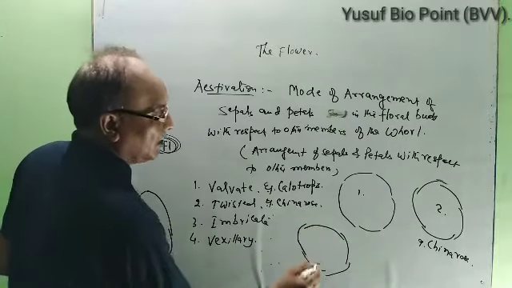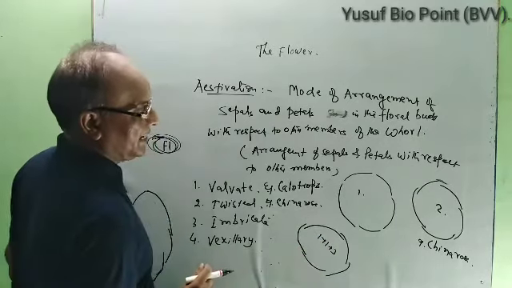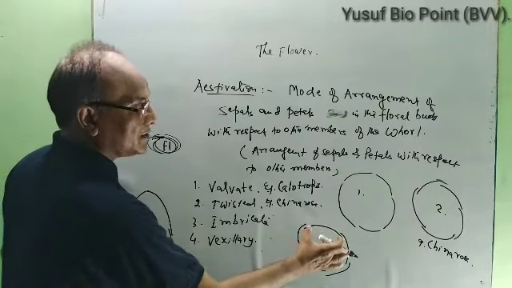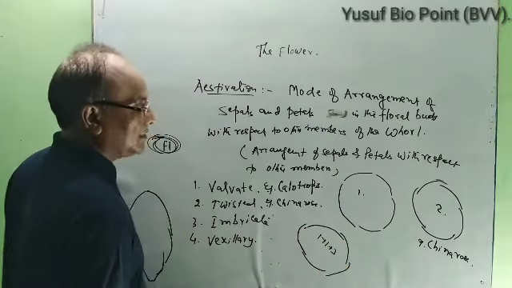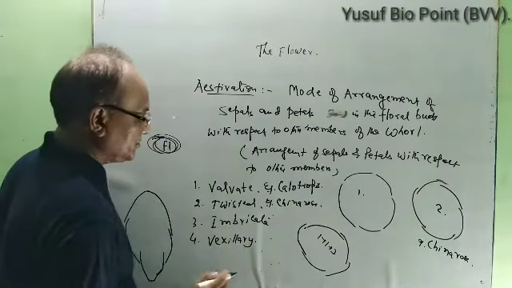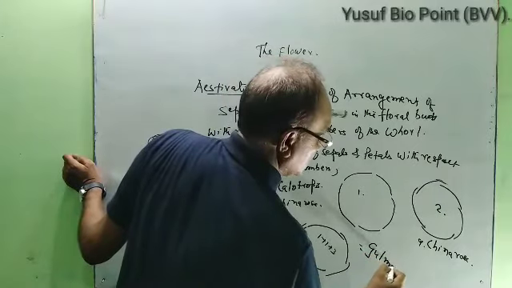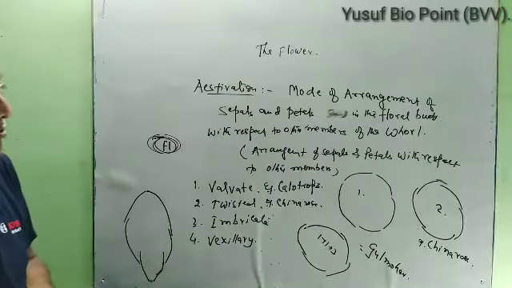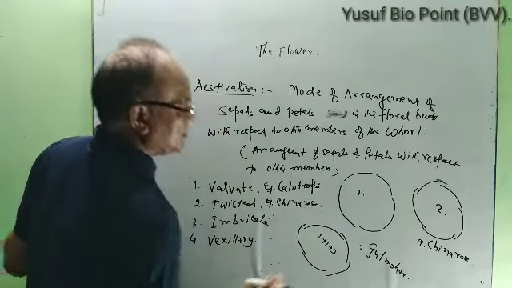Means one has both ends outside, one has both ends inside, and the three are alternate, a 1 plus 1 plus 3 arrangement. Such a case is known as imbricate and found in Gulmohar. That is the example.